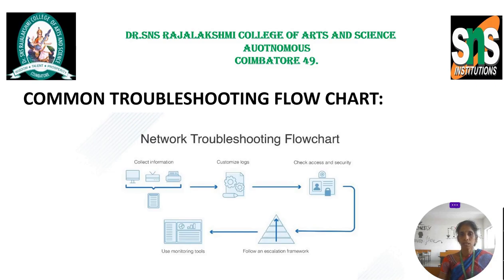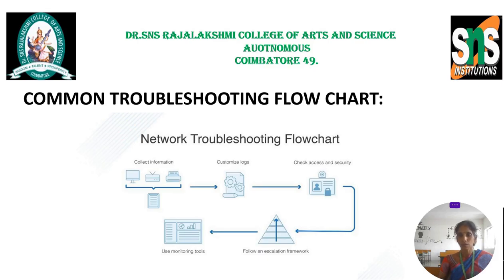In this diagram, collecting information means we have to collect evidence of where that particular mistake happened inside the network, customize the logs, and after that check the access and security. Once any mistakes are found inside a network, we have to check the security and access permissions over the network.